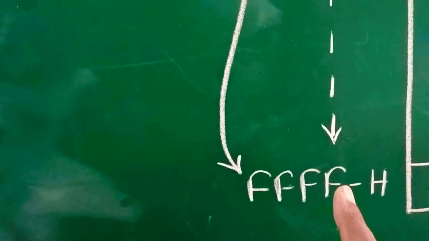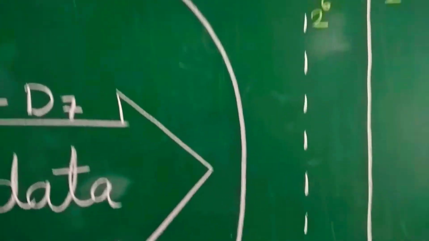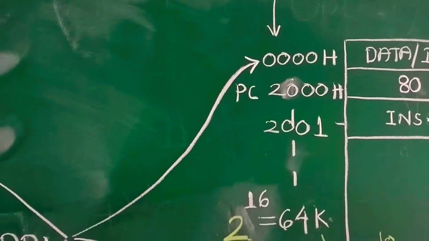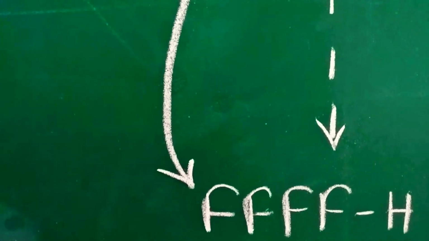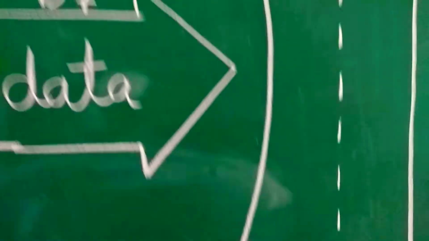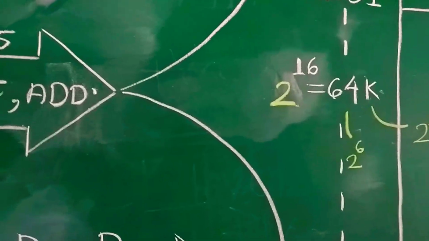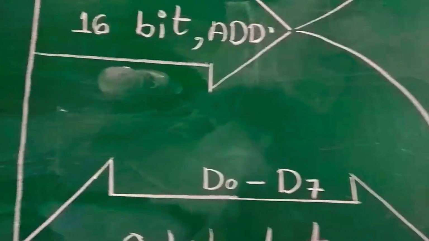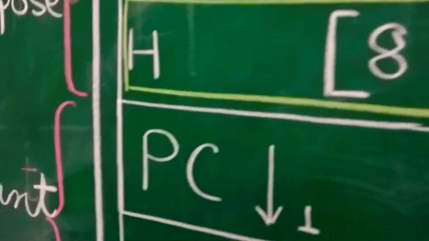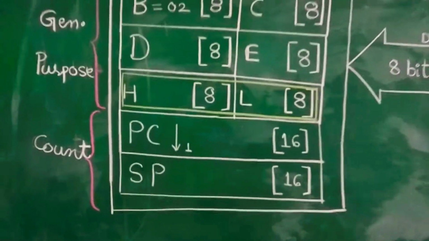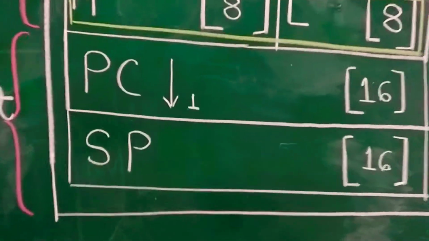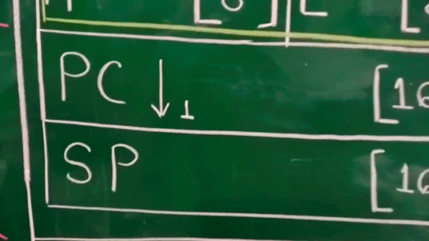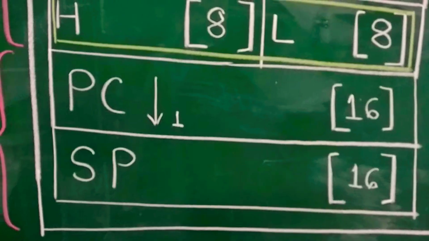Different locations may be from 0000H to FFFFH. Total memory locations are 64 kilo. Thus, the program counter register is a very important register because it is sequencing the program by being incremented by 1 every time.